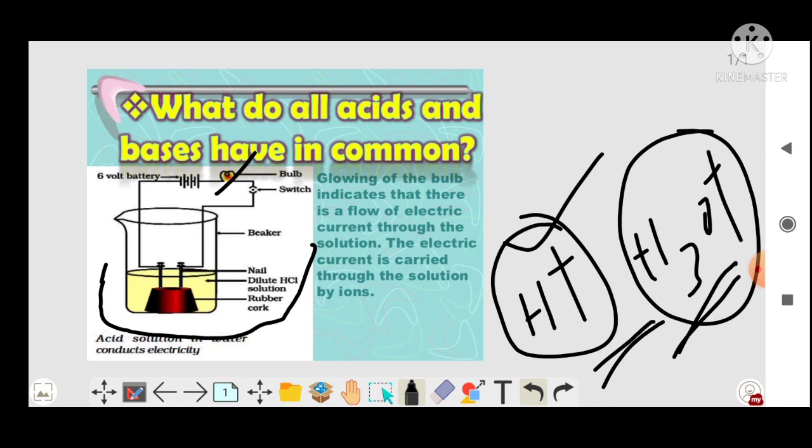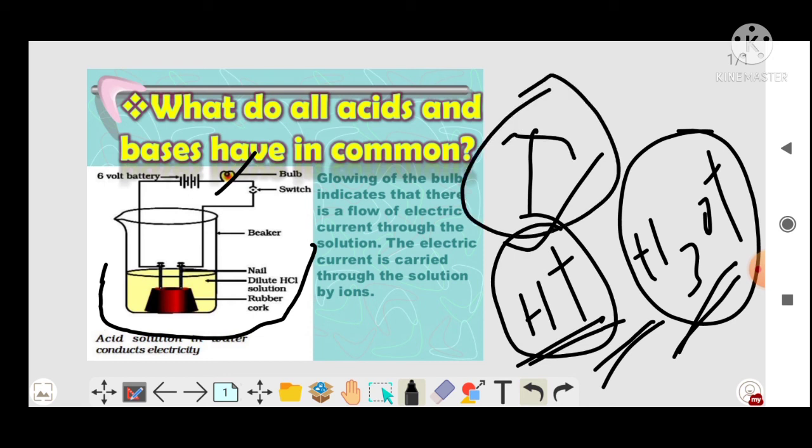That's why the glowing of the bulb happens. Acidic solutions in water conduct electricity because of the production of H plus ion, and H plus ion confirms that this is an acid.